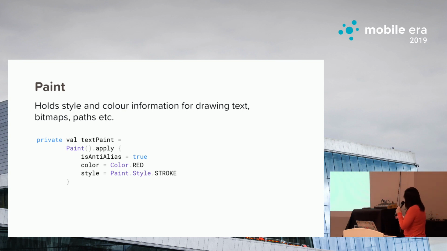And then probably the most important thing about a paint object is the anti-alias flag. That will tell your canvas to draw things with smoothing. If you don't have anti-alias turned on, you're probably going to get very jagged edges if you're drawing a bitmap that's a little bit rotated or something. So if you start to see weird jagged edges on your things, you probably haven't enabled anti-aliasing.